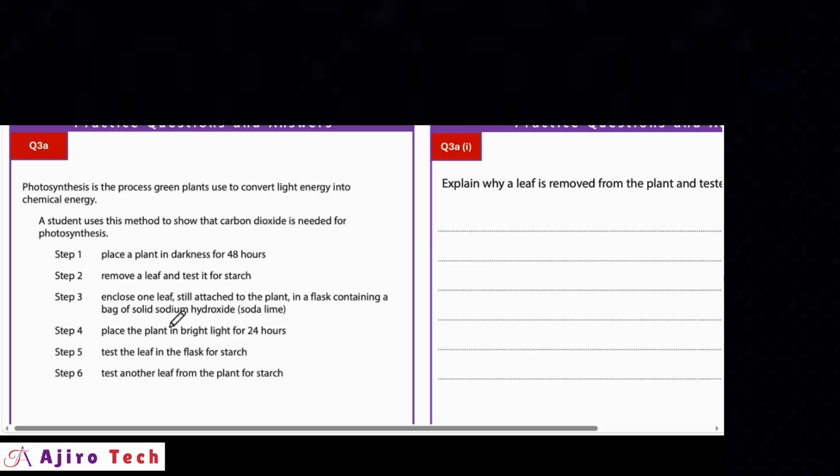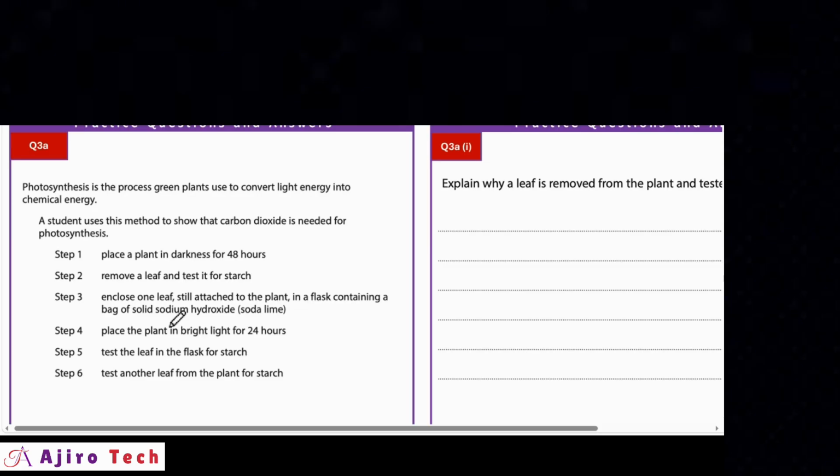So the best way for the whole starch in the plant to be used up is for you to keep the plant away from sunlight for 48 hours. So by the time you take out the plant, it has already used all the starch in its entire body parts. The starch has been used up for other processes, respiration.